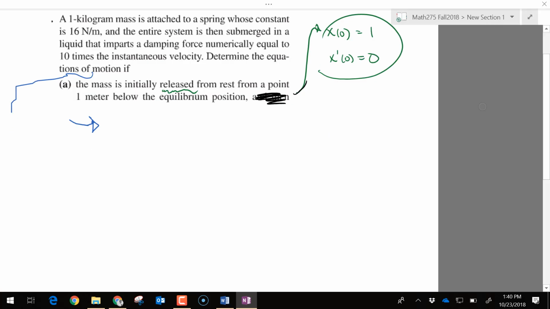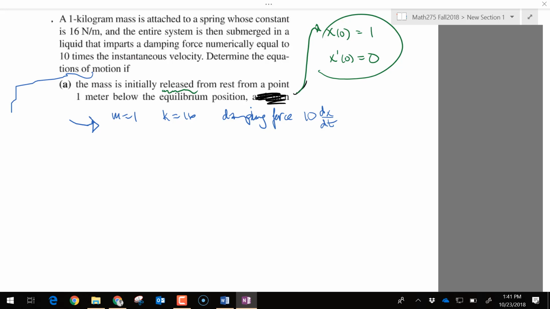So 1 kilogram mass is attached to a spring whose constant is 16, and the damping force is numerically equal to 10 times the instantaneous velocity. What would be 0?